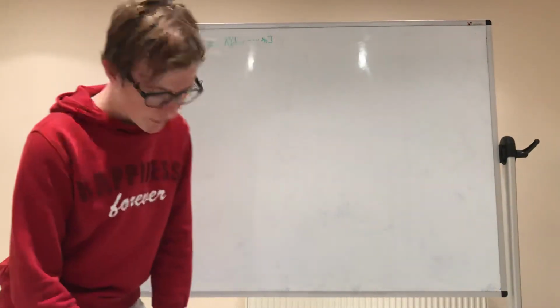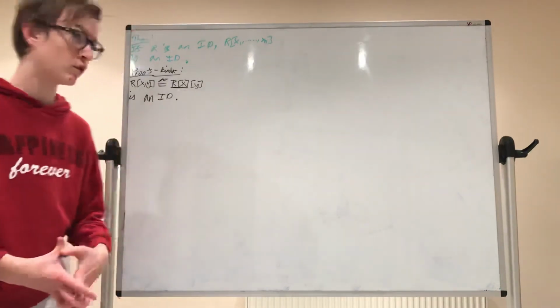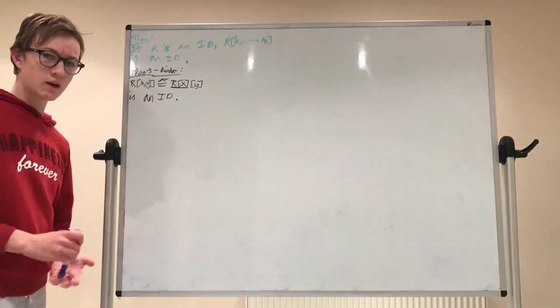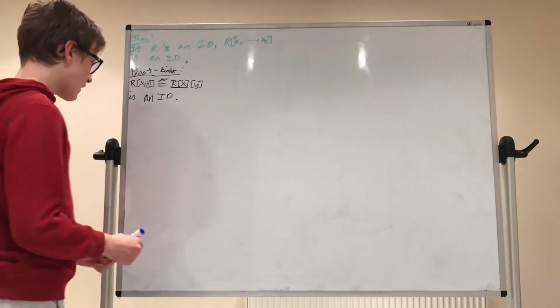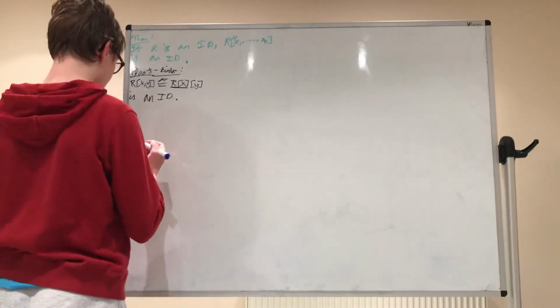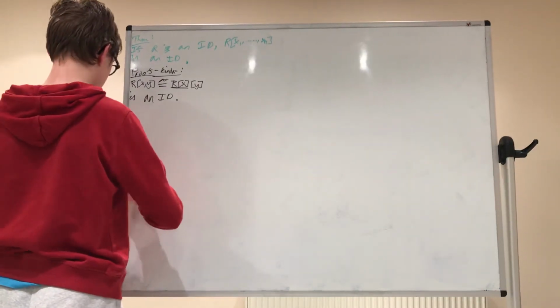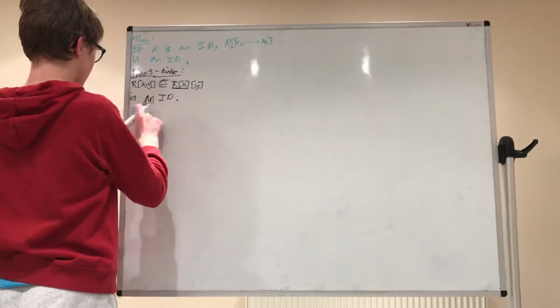Alright, now there's one more thing to discuss, and that's the evaluation map, and then we'll be done. Again, I'll leave it to you to show that it's a ring homomorphism. And how is it defined? Let me put a definition.